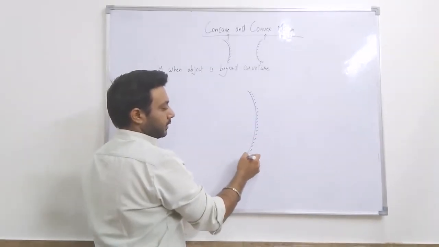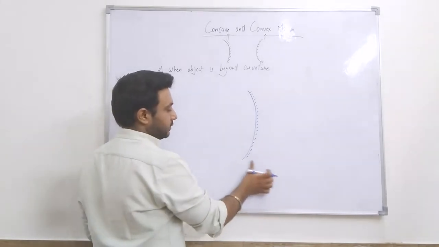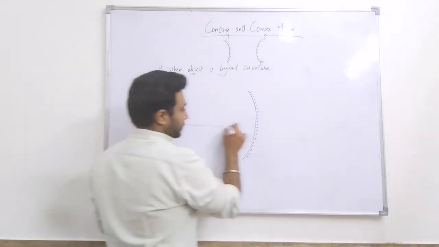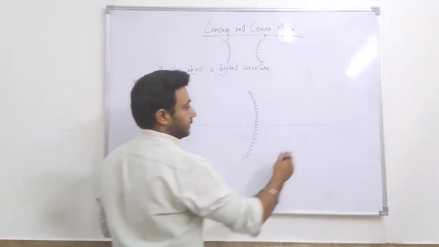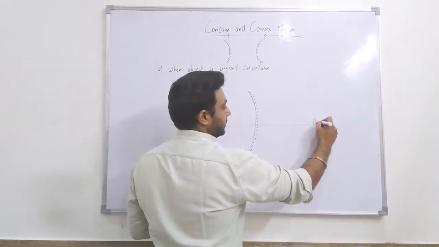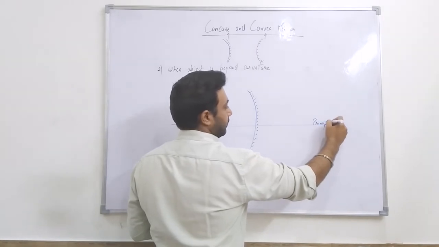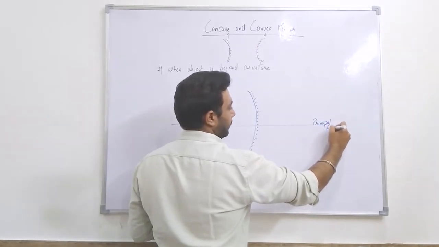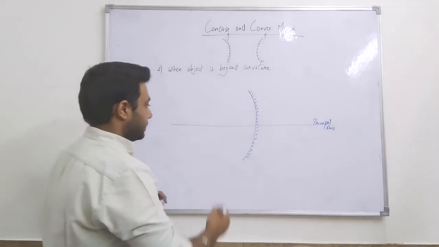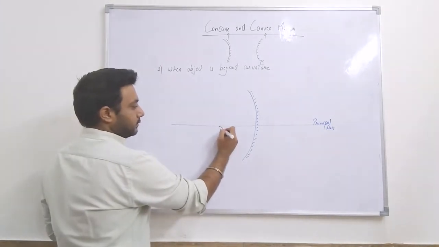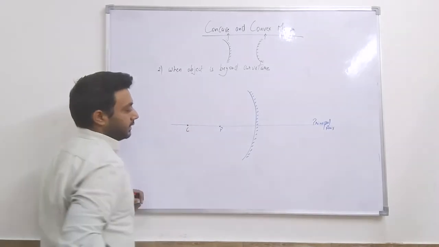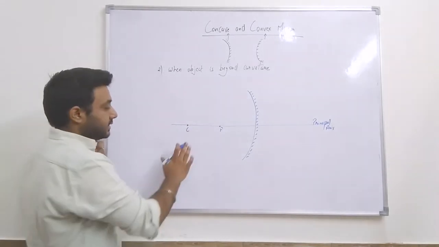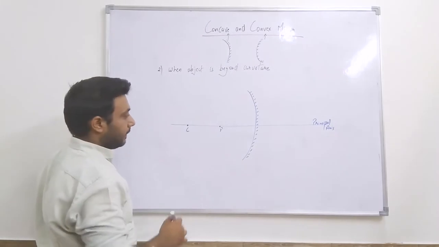These dotted lines are important. Please note. This shows the painted region. This is the principal axis. This is focus. Double the distance is the center of curvature.